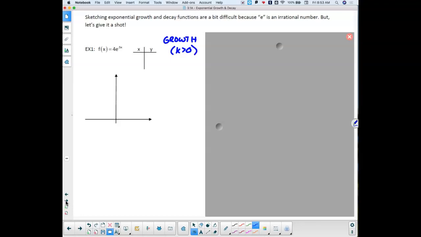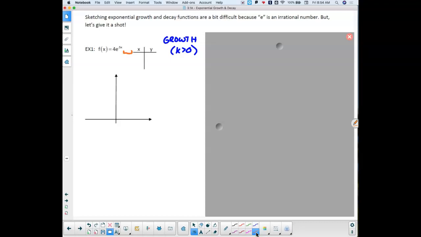What else can you tell me about this one? It's horizontal since it's at y equals 0. Why is it horizontal at y equals 0? Because there's no added number at the end. Exactly. There's nothing back here to shift that graph.